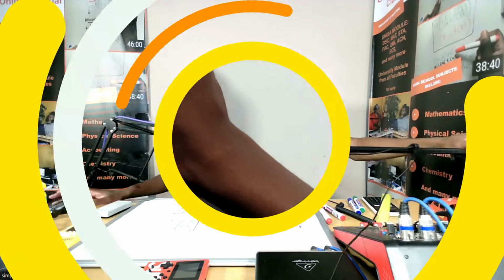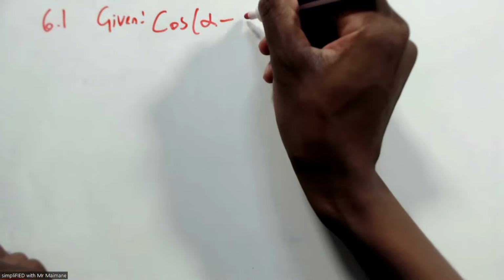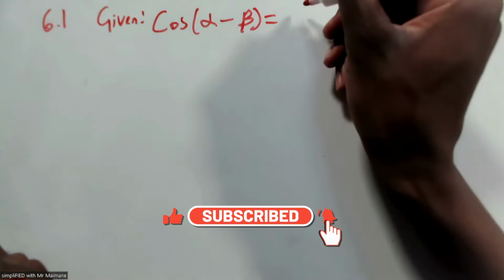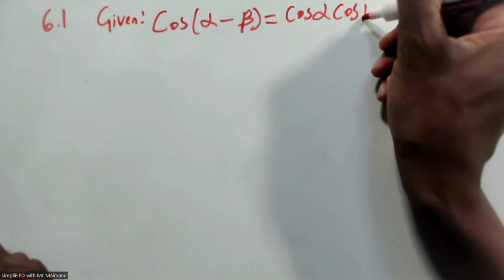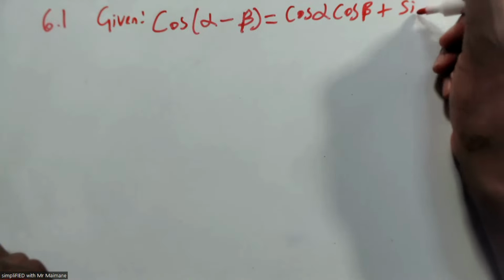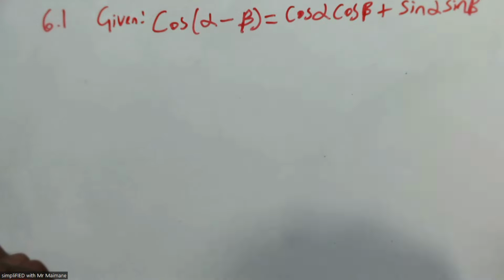Yeah, so now we can do our question. Let's go. 6.1. We are given that cos of alpha minus beta is equal to cos alpha cos beta, like I said, that's just the given formula as it is, plus sine alpha sine beta.